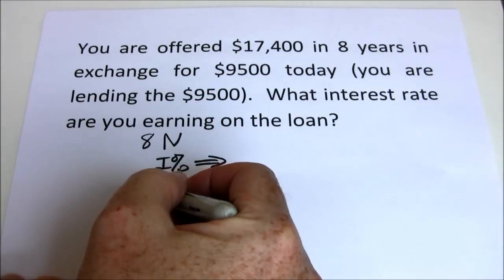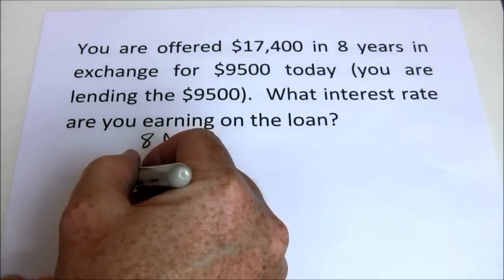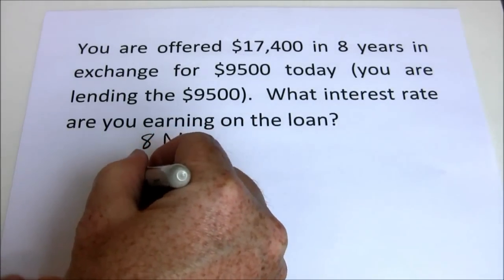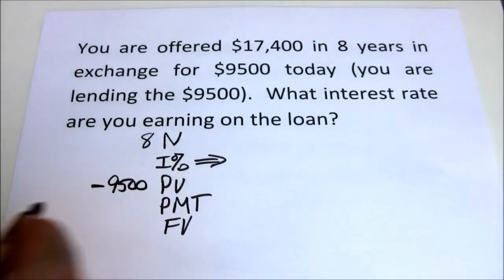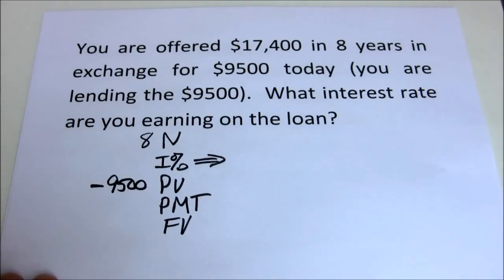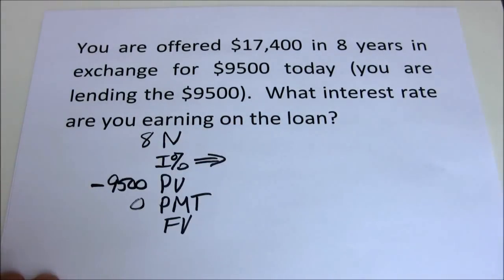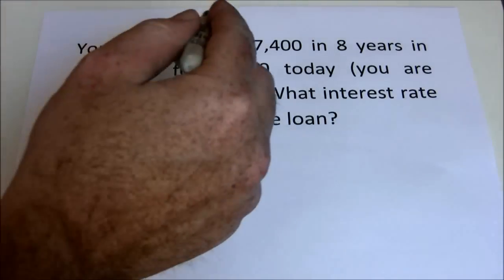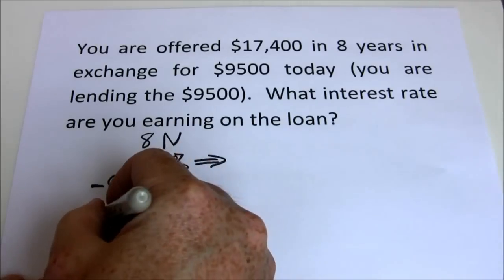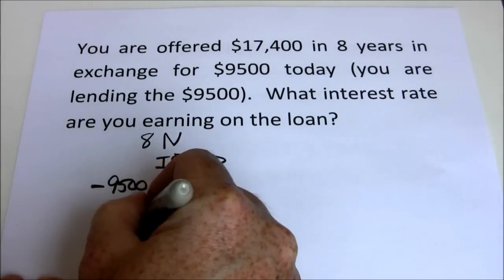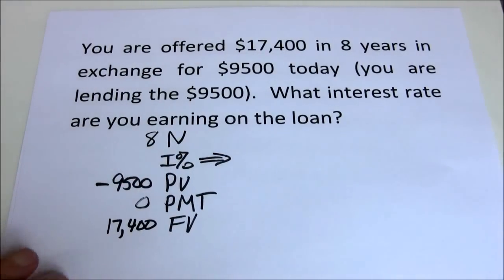Solving for the interest, so I'm just going to skip past that. My 9,500, and that's a cash outflow. I'm investing that or saving that today so that I get a certain amount back in the future. I don't have an annuity stream here, so I'm going to zero out the payment. And my future value is the $17,400 I'm going to get back at the end of 8 years. So that's my setup.